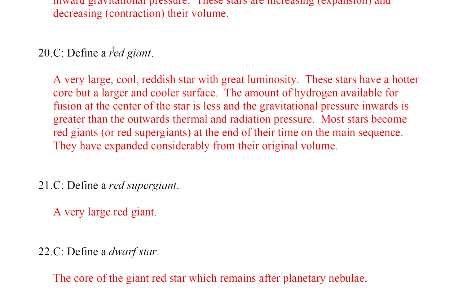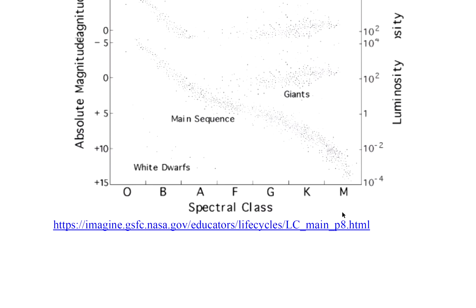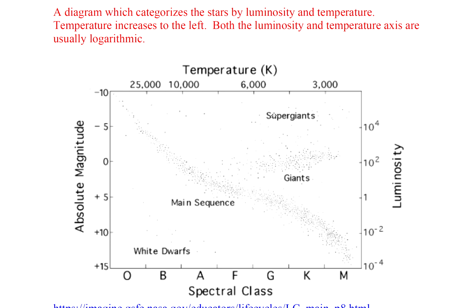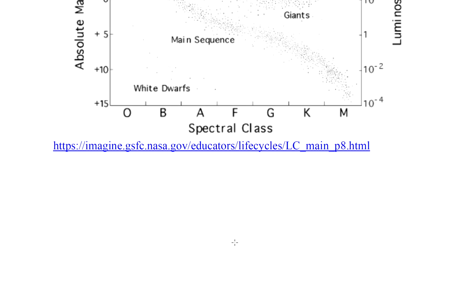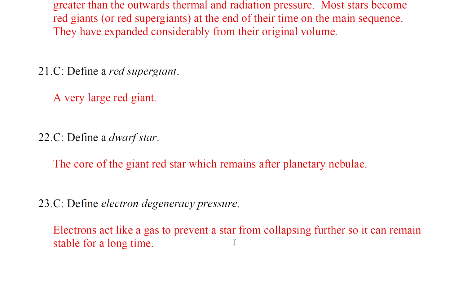Define a red giant, a red supergiant, and a dwarf star. So we could see here, we got supergiants, we got giants, and we got these white dwarfs. So these giants are like red giants and red supergiants and white dwarfs here.